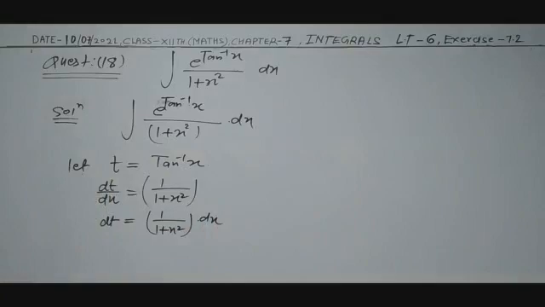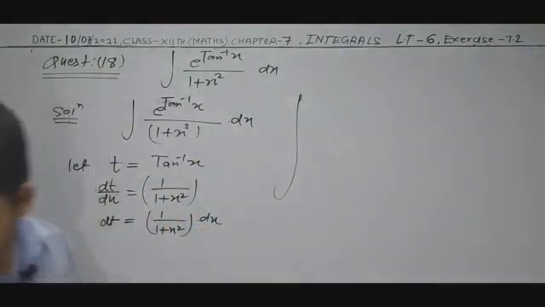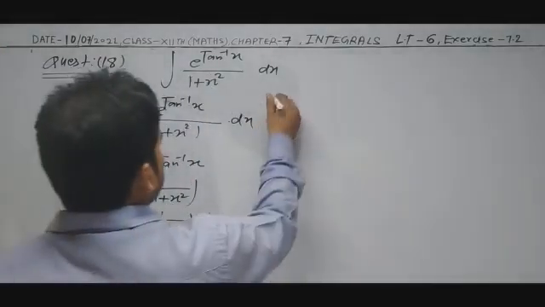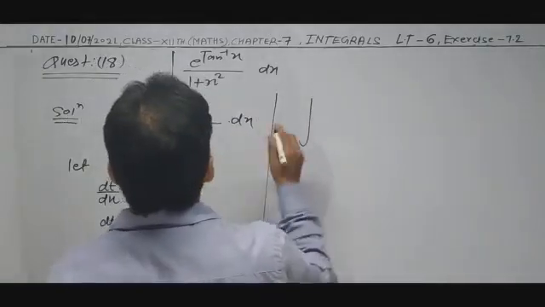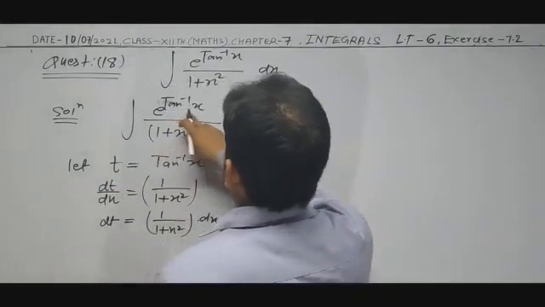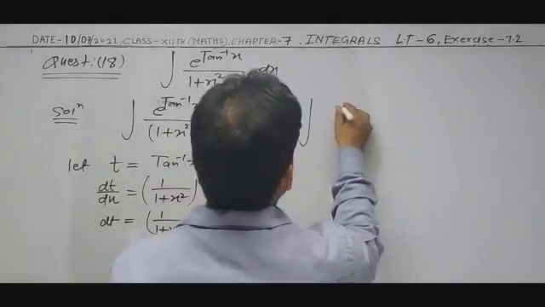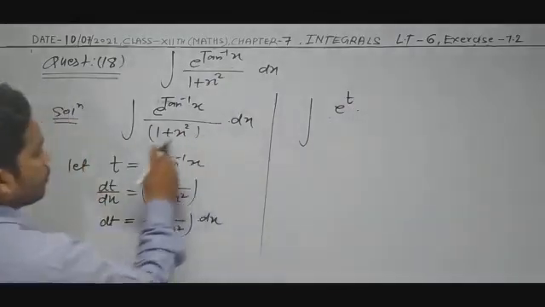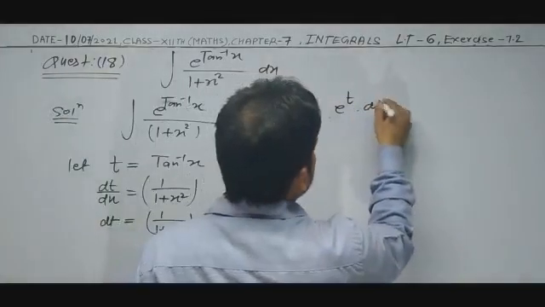So the integration converts: e to the power tan inverse x, you have considered tan inverse x is t, so e to the power t, and dx upon 1 plus x square is dt. So this will be dt.